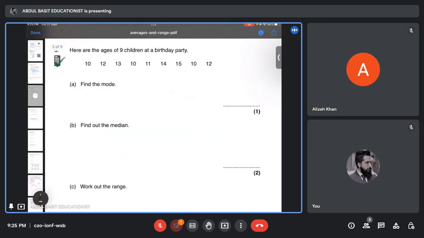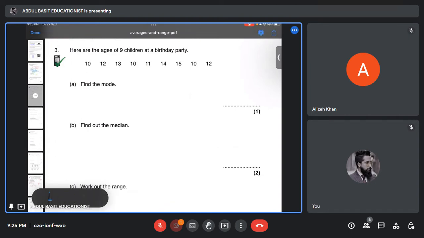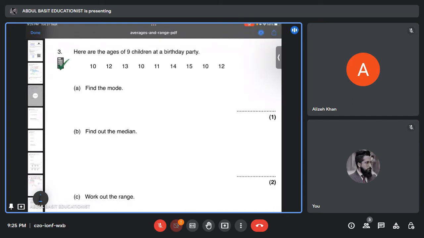Let's see. Here are the ages of 9 children at a birthday party. To make the question easy, just arrange the data in ascending order first to understand it in a better way. I can see that 10 is the smallest value. How many 10s do I have? 2. This is the third one. This cutting will help you in case you miss any number.